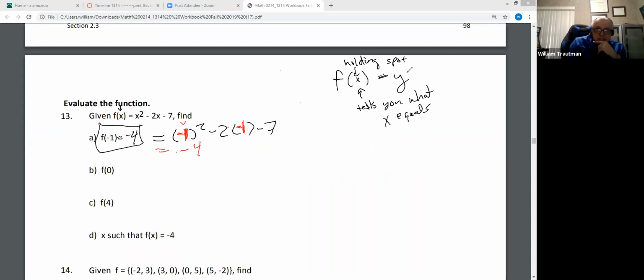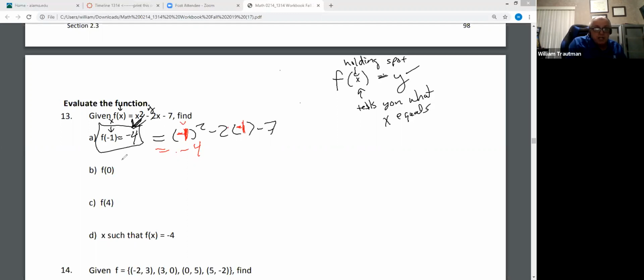Do you see? That's the x, and that's the y value. When x is -1, y equals -4. Wait, is that right? Yes.